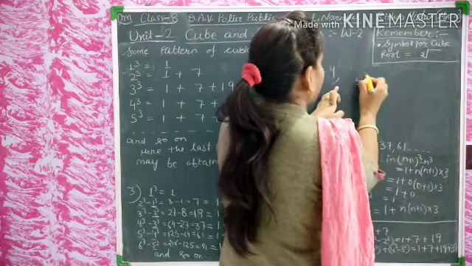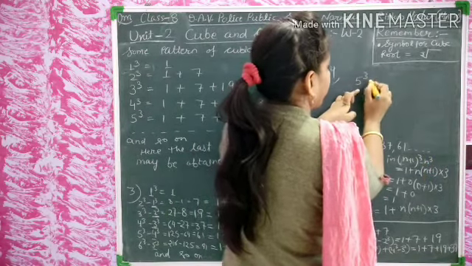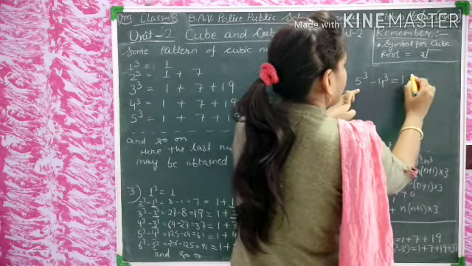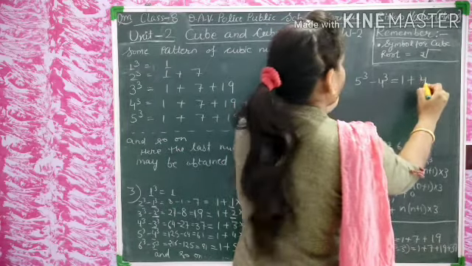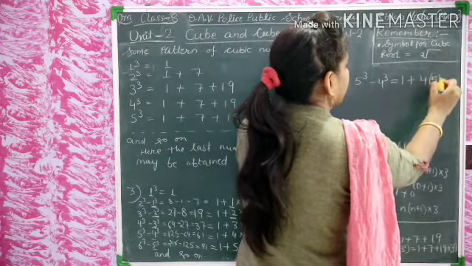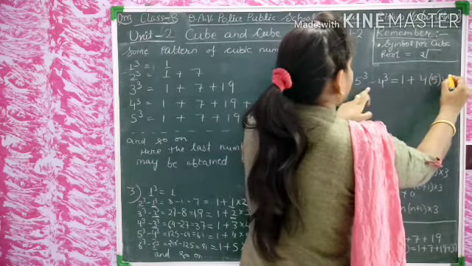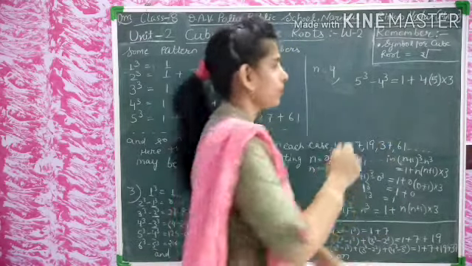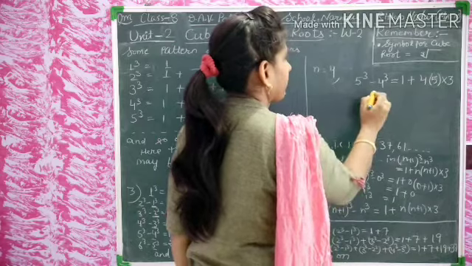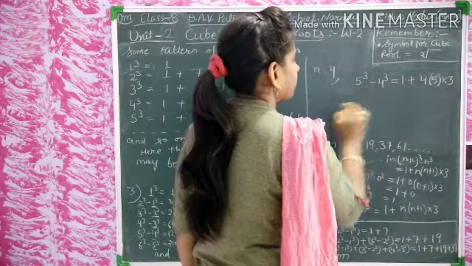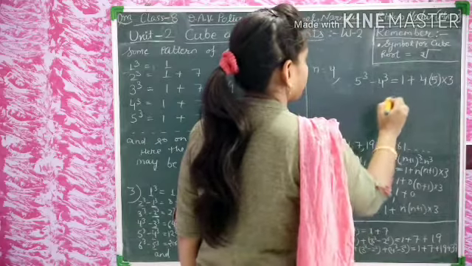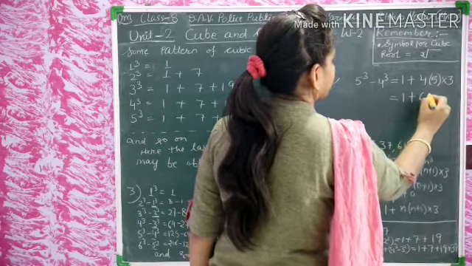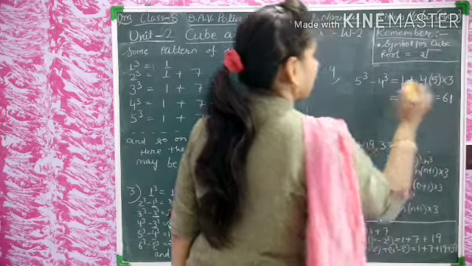Then 5 cube, n plus 1, 4 plus 1 is 5, and minus n, which is 4. 5 cube minus 4 cube is equal to 1 plus n, n is 4 there, into n plus 1, that is 5 here, and into 3. Both the numbers are fixed, and this is 4 into 5. Now we are calculating here that if n is equal to 4, then this must be equal to 1 plus 4 into 5 is 20, plus 3 into 20 is 60, and that equals 61.